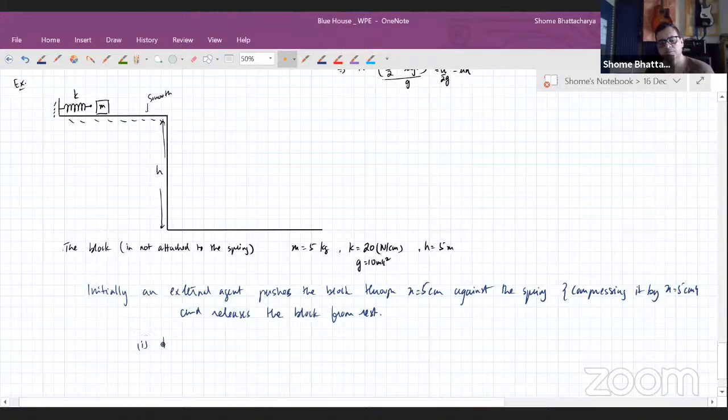So first of all, find the block's speed of projection from the tabletop.